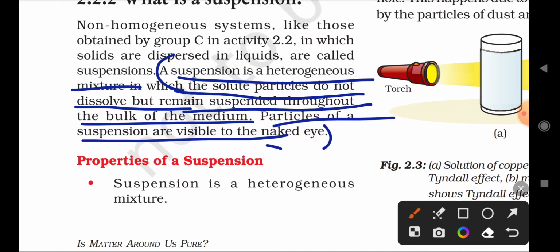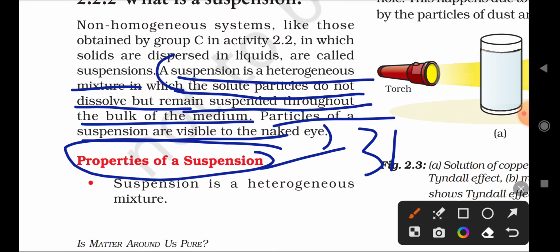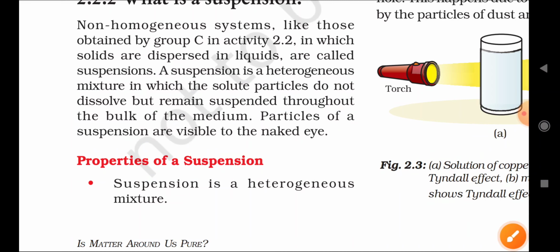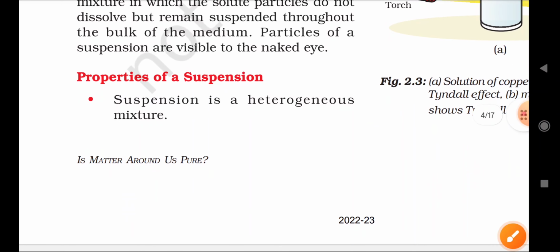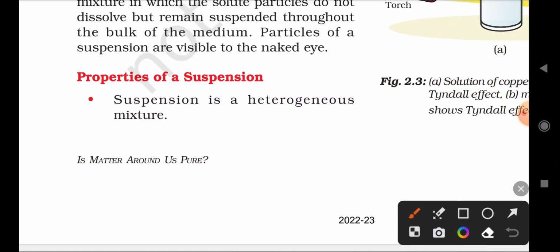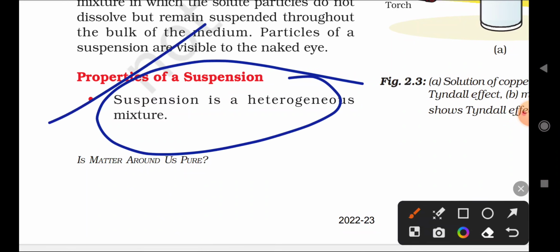And for 3 to 4 marks, they will ask you to write the properties of suspension. Then you can write the first point from the definition: suspension is a heterogeneous mixture.